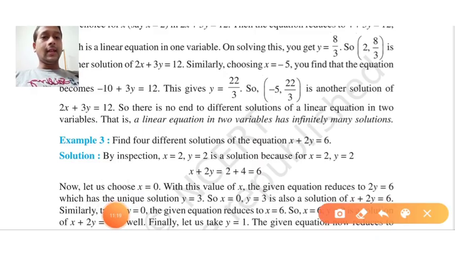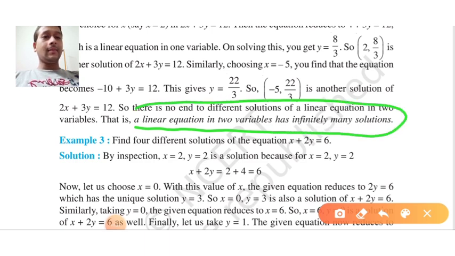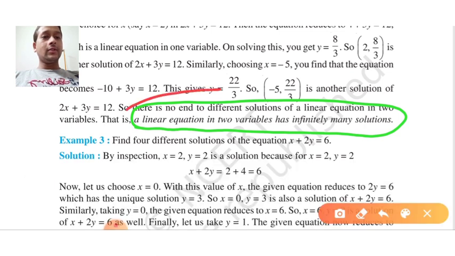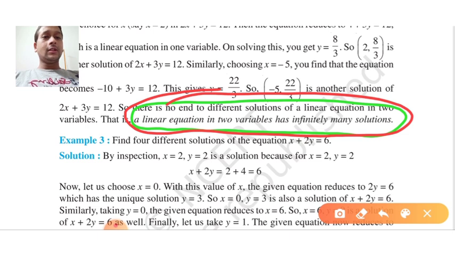A linear equation has infinitely many solutions, because for different values of x you will have different values of y, and all the values which will satisfy the linear equation will be a solution of that particular linear equation.